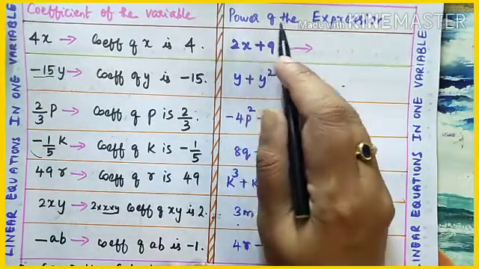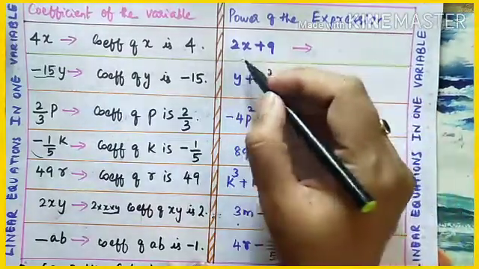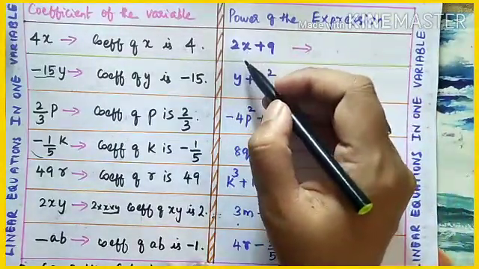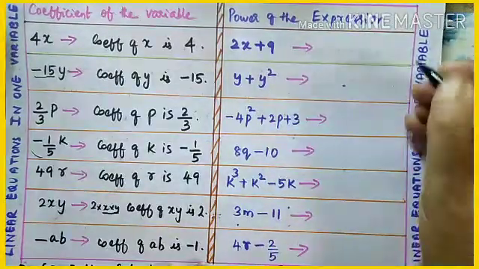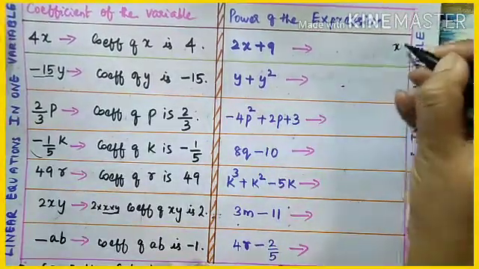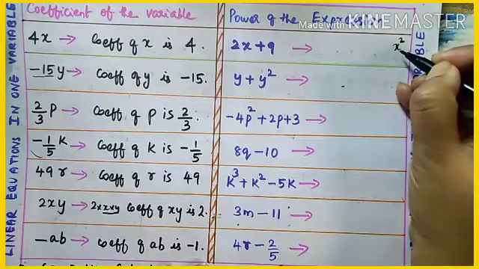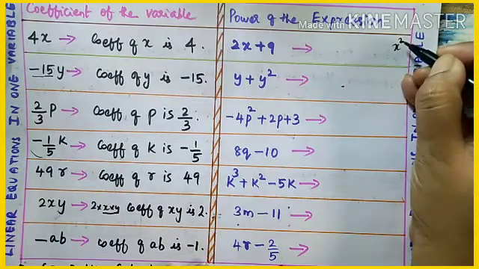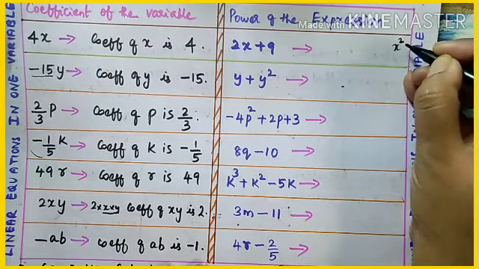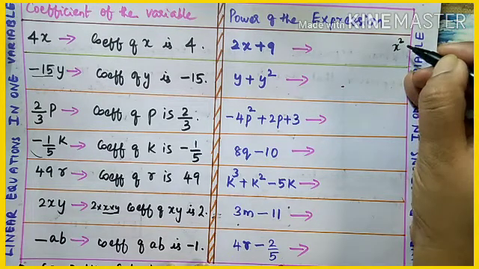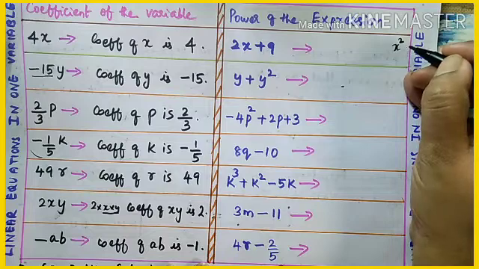Power is that number that we see on the top of the variable. If x square is a term, then x is raised to the power 2. So x has the power 2. In that way you want to take the power.